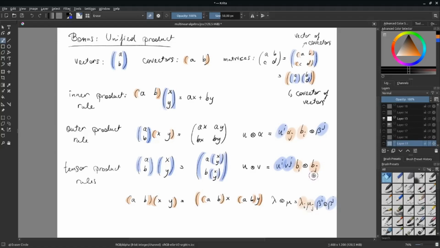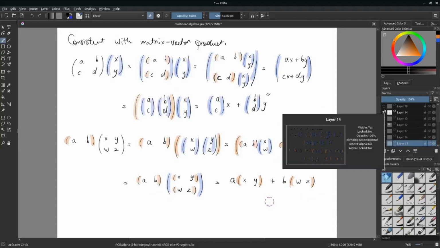And then it's a similar deal for the covectors, but instead of having my scalars from the left, here I take my scalars from the right. And these rules, I claim, let us do some interesting stuff. In particular, we can check that I can compute the matrix vector product using my rules and that it should be consistent.